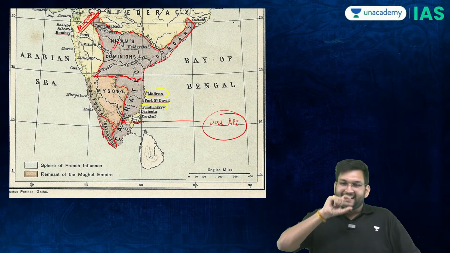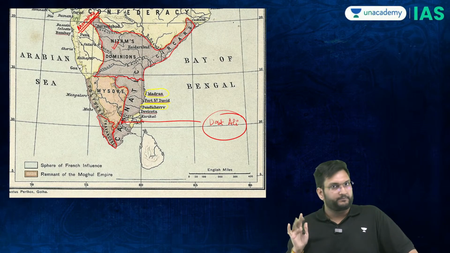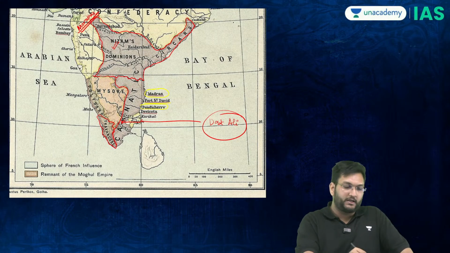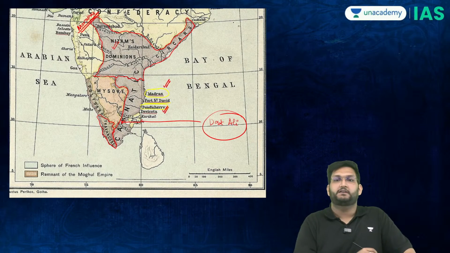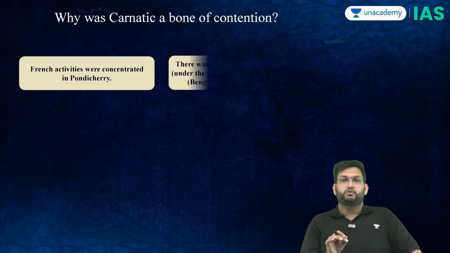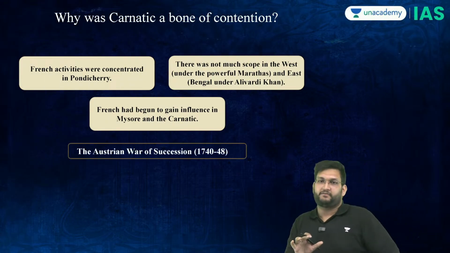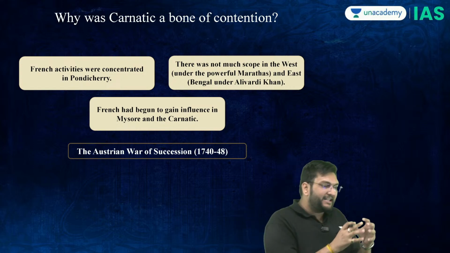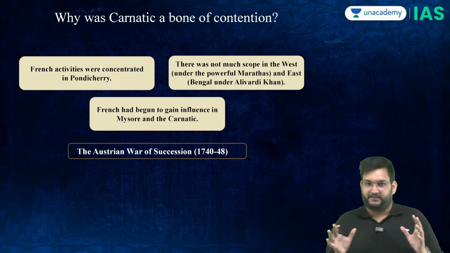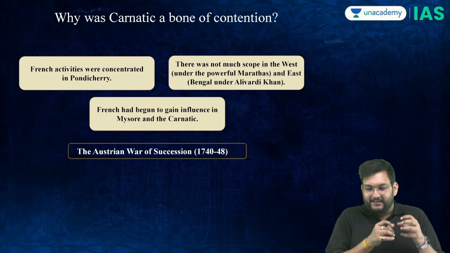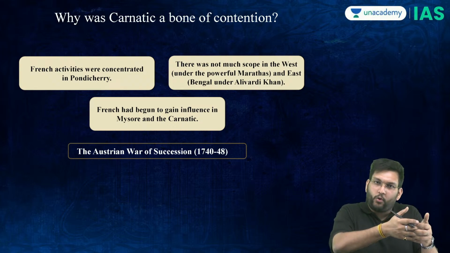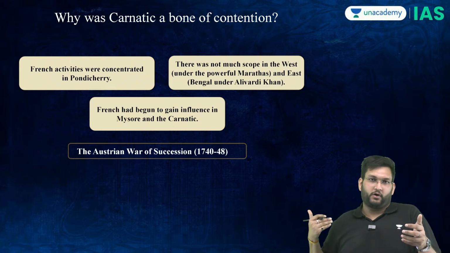Now, let's concentrate on the Carnatic sector. Carnatic sector has both the English and the French. And I've already told you that when we talk about the English and the French, they already have a proper rivalry in this sector, which is that they have an old story of conflict.